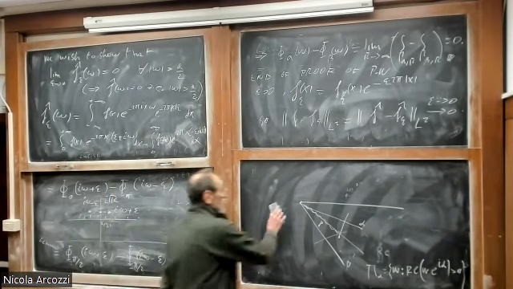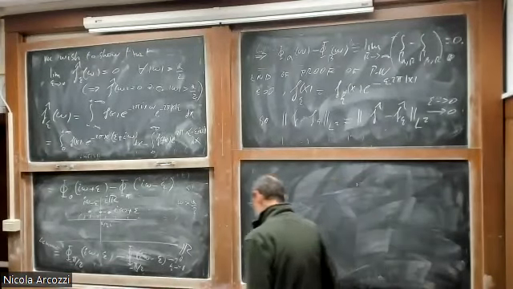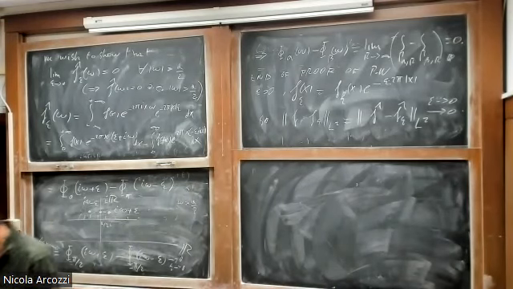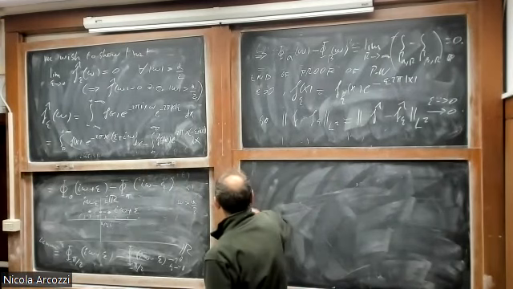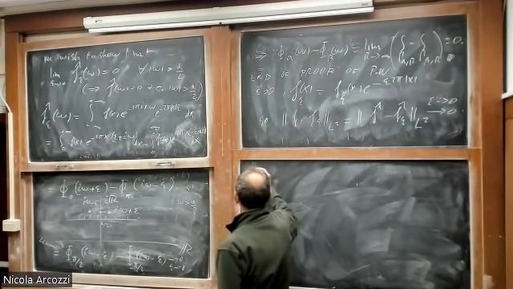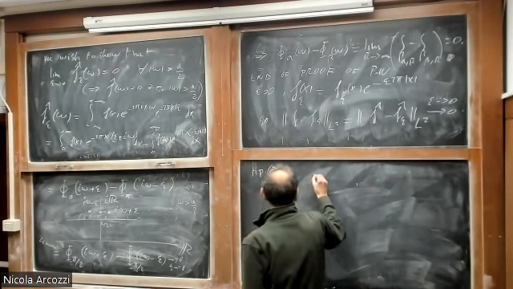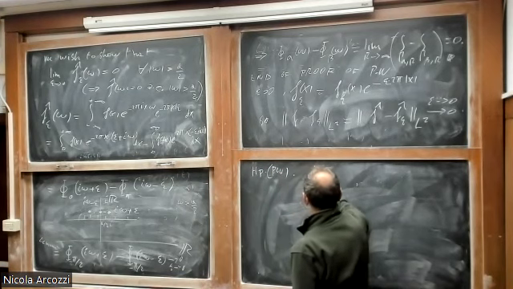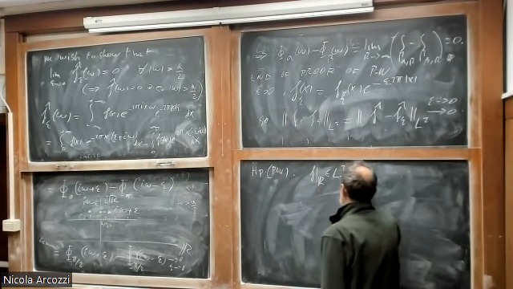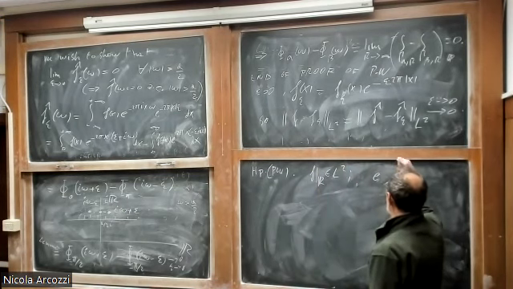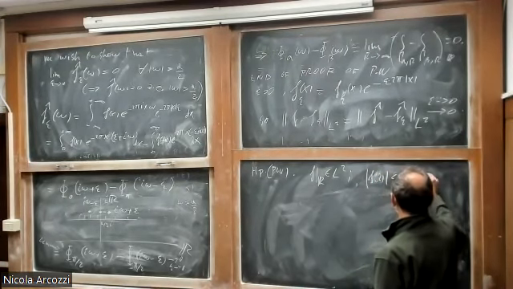If you look at the proof, remember the hypotheses of Wiener were that this is an L1 function and that it is bounded by a constant.